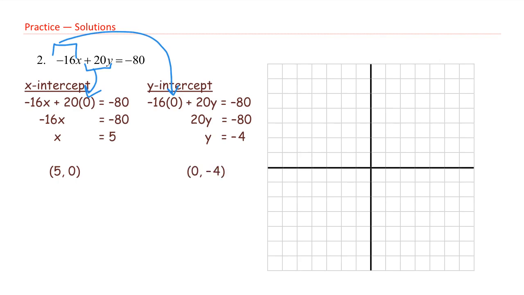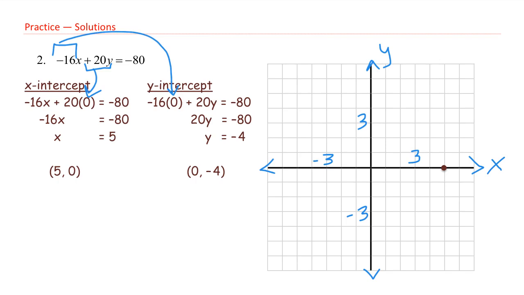Now that we know both of the intercepts, it's time to plot them and then draw the line representing this equation. Once again, I'm going to label and number my axes before I plot the line. There we go. And now I can plot the x-intercept, 5, 0. There it is.